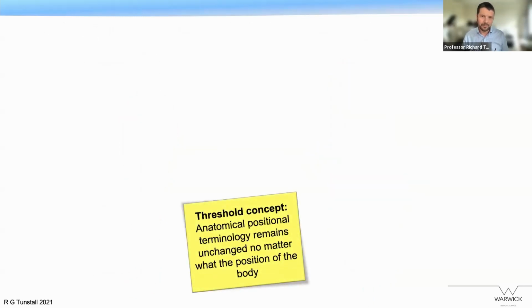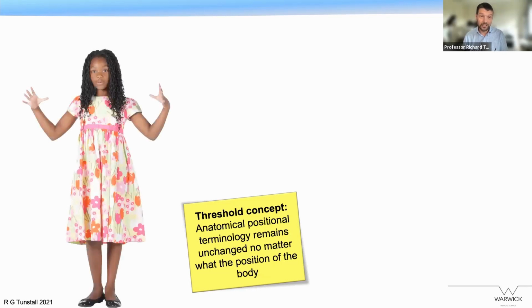Now, the threshold concept here is that the anatomical positional terminology remains unchanged no matter what the position of the body. So, for example, we may have a subject with their upper limbs abducted, so lifted away from the body, the elbows flexed and the fingers splayed. It doesn't matter. The anatomical positional terminology holds true.